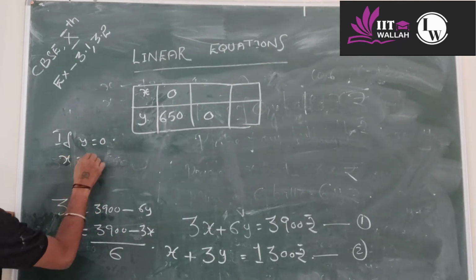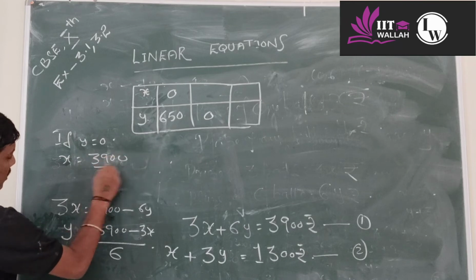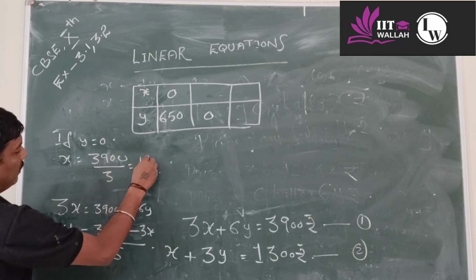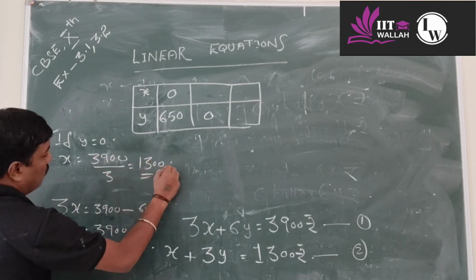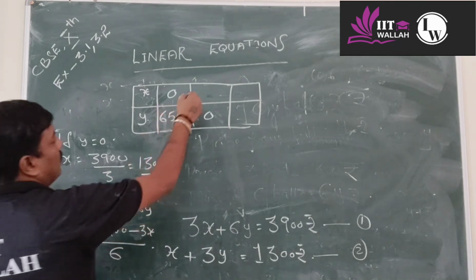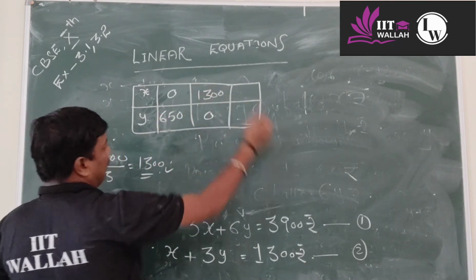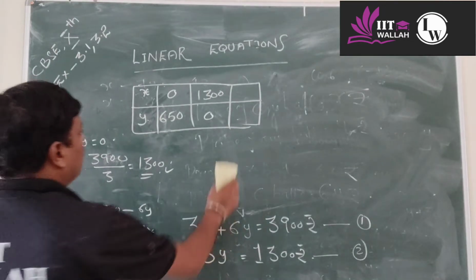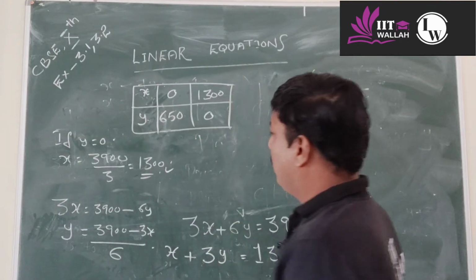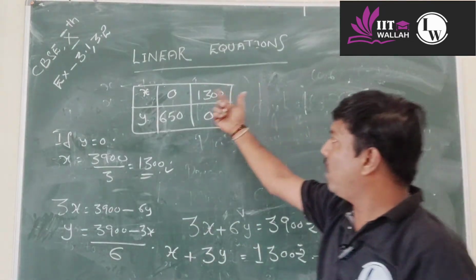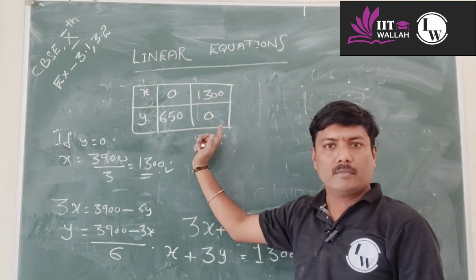So x will be 3900 upon 3, which is 1300. So 1300 we got here. We got one pair of coordinates.